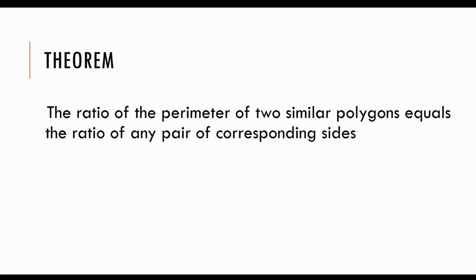So that means that if I didn't have a problem where it asked me to find all 3 sides of a missing figure, as long as I know the ratio of corresponding sides between the 2 figures, and I know the perimeter of one of them, I can find then the perimeter of the other, and we can go that way.